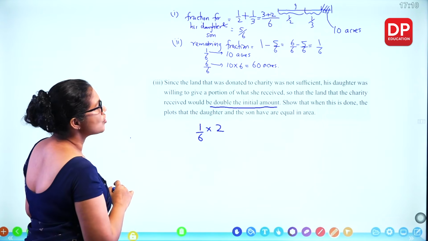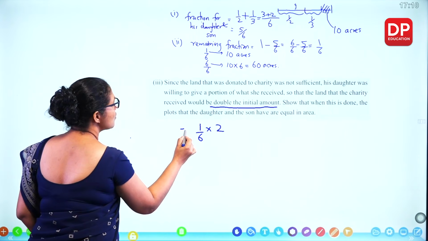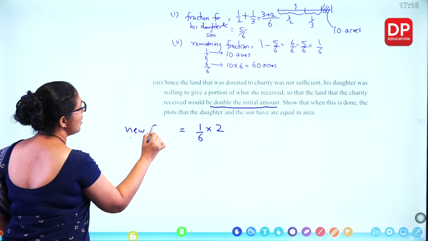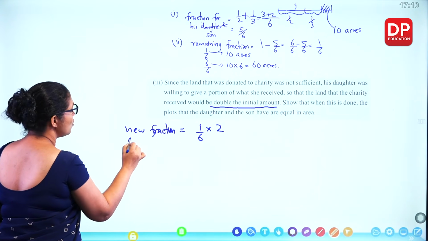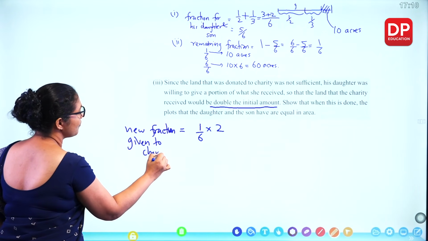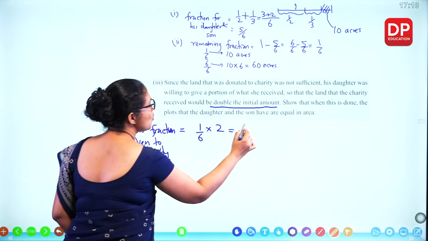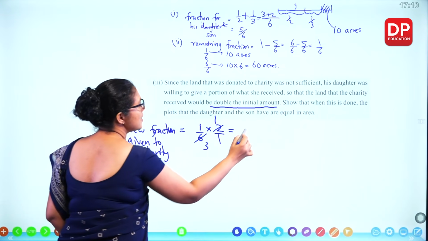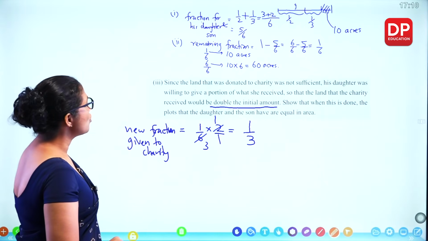So what's the new fraction now given to charity? 1/6 of the land, double it. So here you can simplify, 2 times 1, 2 times 3. So here 1/3 now given to charity.